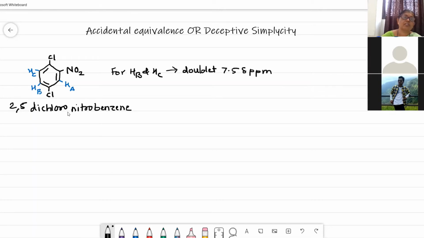Thus, the protons which are not chemically equivalent but have the same value of chemical shift are known as accidental equivalence protons. And the spectra obtained is known as deceptive simplicity.